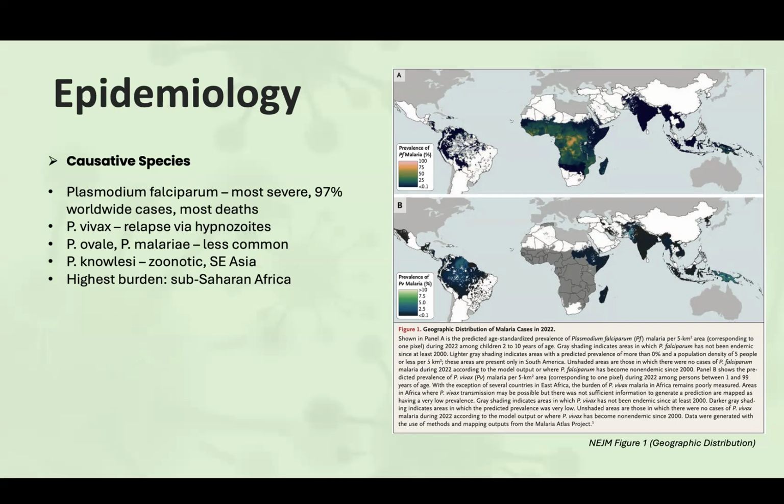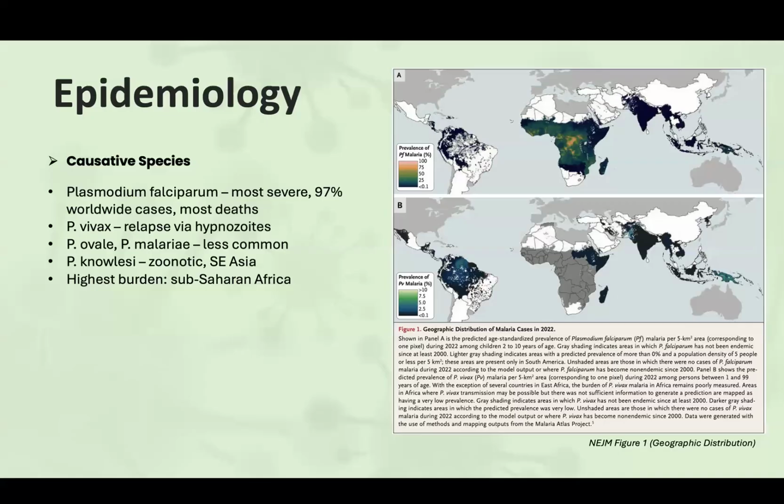Next, we have Plasmodium vivax. It has less mortality than falciparum, but it has huge relapse burden. And we have Plasmodium ovale and malariae, which are less common, and Plasmodium knowlesi, which behaves like falciparum, but it is mainly in the Southeast Asia region.